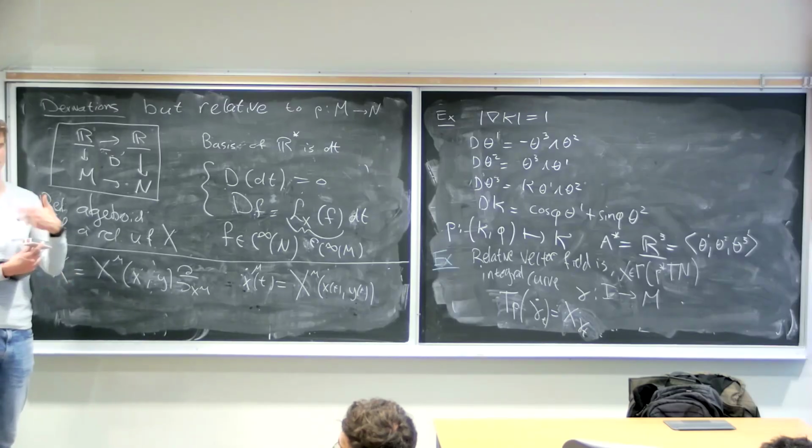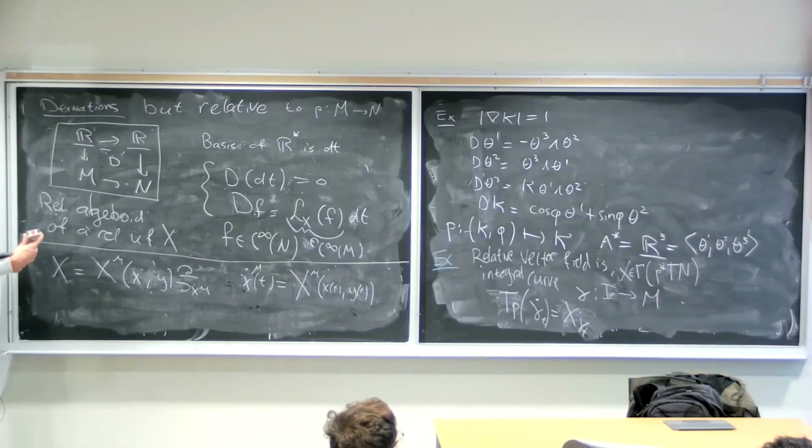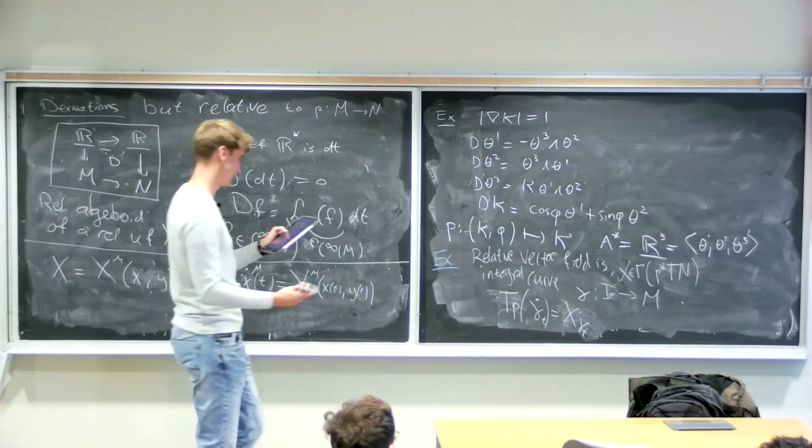I'm repeating what you say because I'm not sure if the people online can hear the audience. I think the connection with connections becomes more clear with the structure of derivations.